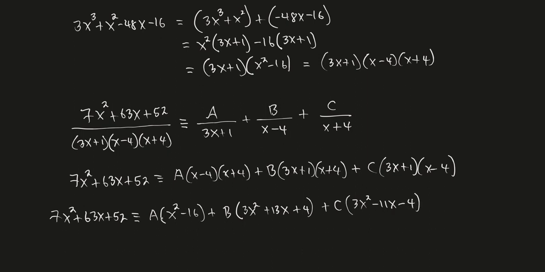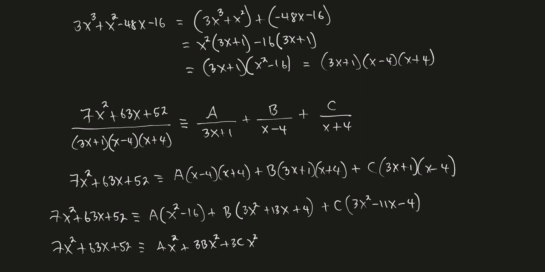Now let's collect the like terms on this side. Right, so I'll just keep bringing down my quadratic on the left, and on the right, let's look for the like terms. Well, as far as the x squared goes, I'll have ax squared plus 3bx squared plus 3cx squared, right?